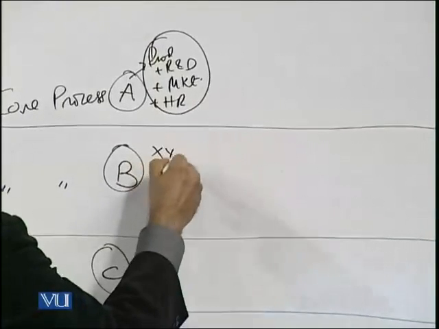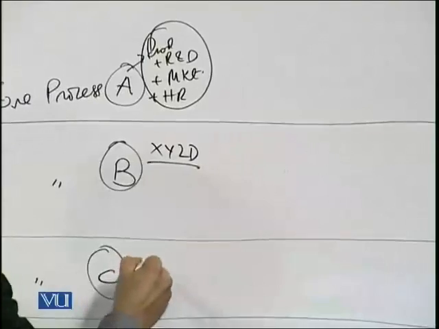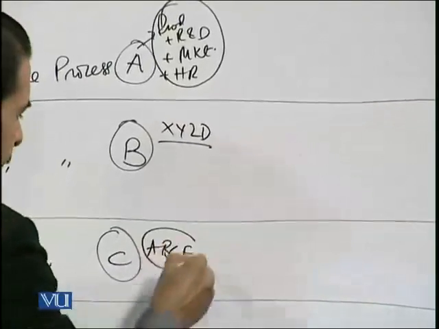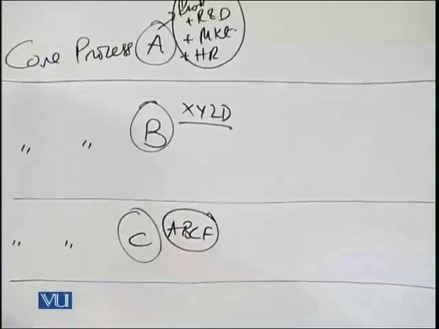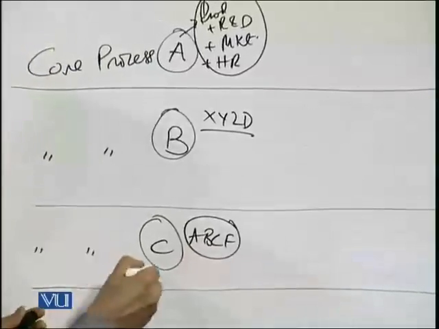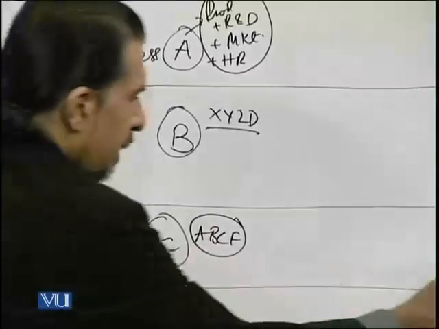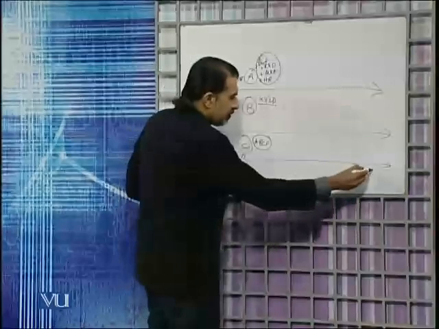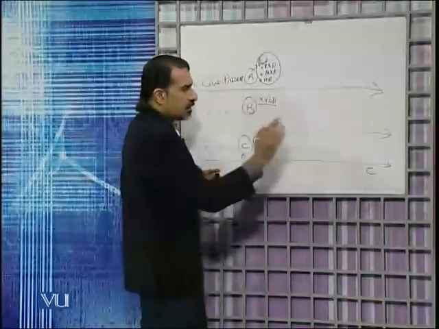Similarly, X, Y, Z people are brought here, A, B, C, F, these people are brought here, and they are looking upon this process from the initiation to completion. This is the start and this is the completion, and that is where the core process finishes.